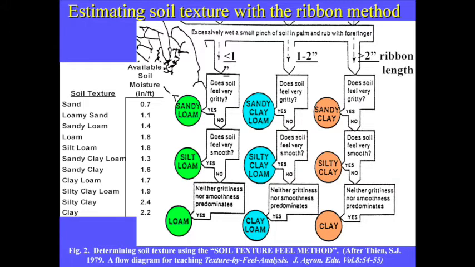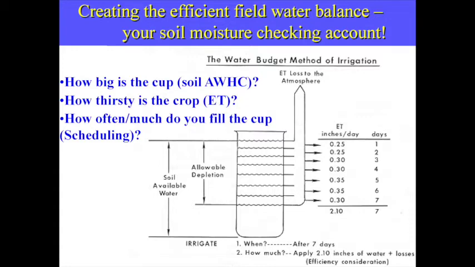So you can figure out, have I got sandy loam, sandy clay loam, sandy clay, and the difference is kind of like everything less than an inch in the ribbon, 1 to 2 inches, 2.5, greater than 2 inches, 2.5 on the ribbon, and it will give you an indication of these soil types. Those soil types then provide a water holding capacity to tell you how big this cup is.